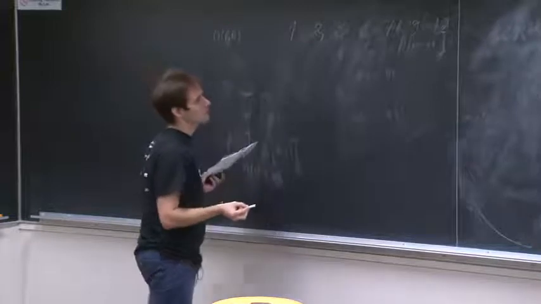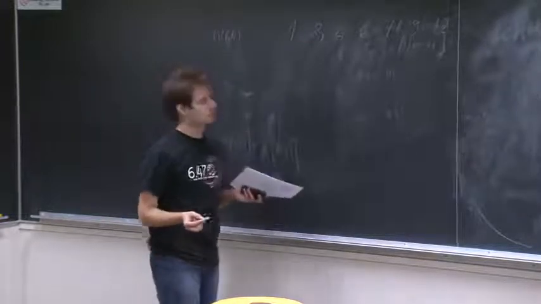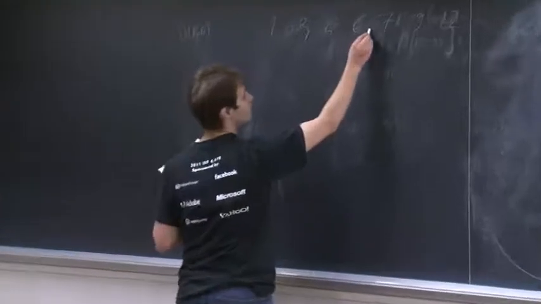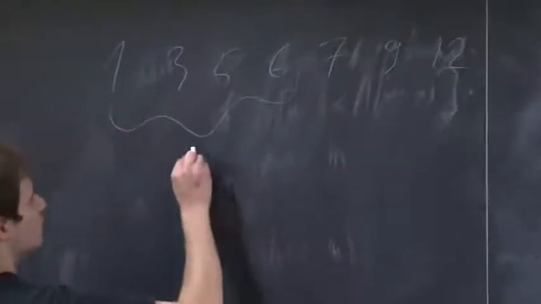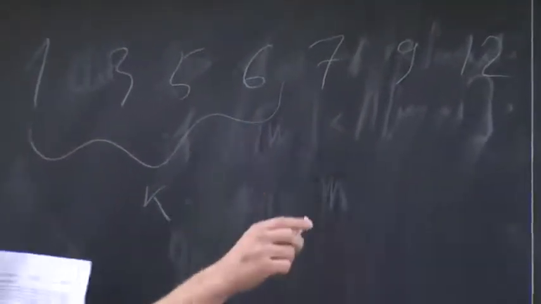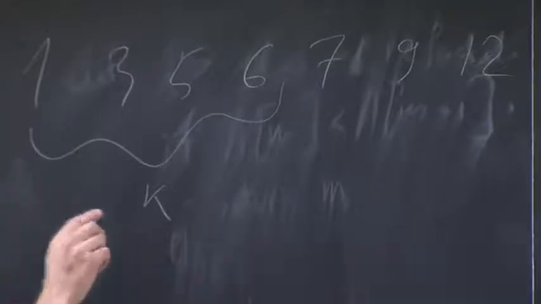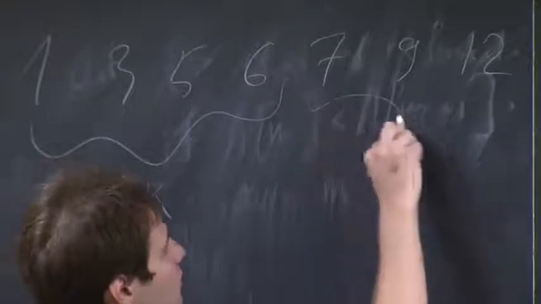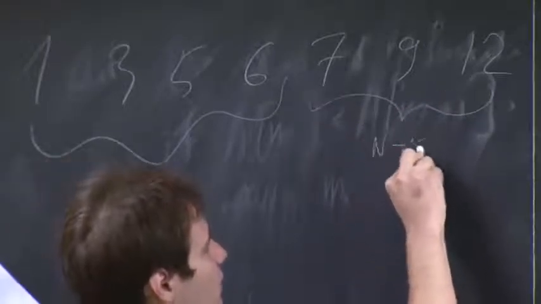Well, instead of this, we're given a shifted array. Shifted means that, say you're shifting the array by k elements. We're taking these guys, so the array is shifted to the left. So these k elements end up on the right, and these n minus k elements end up on the left.